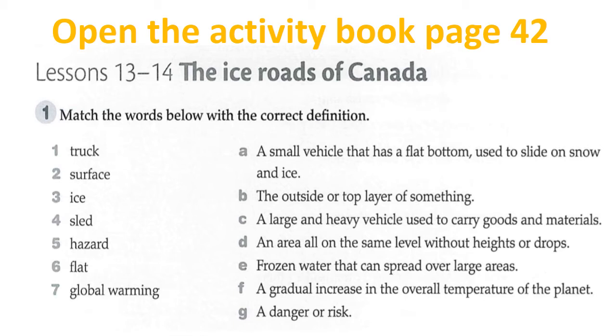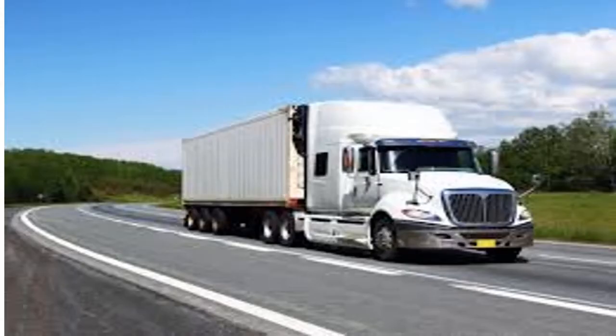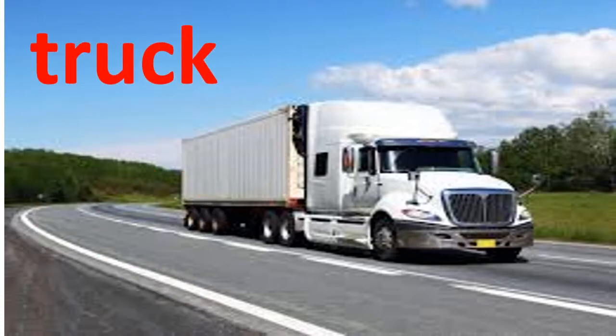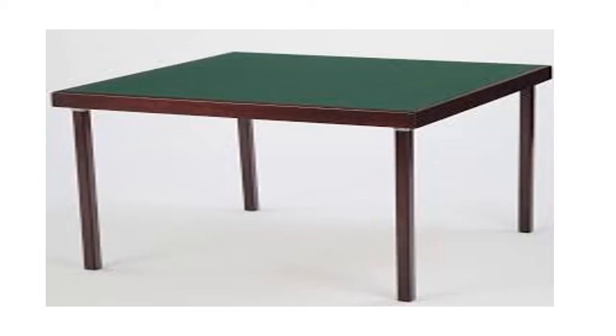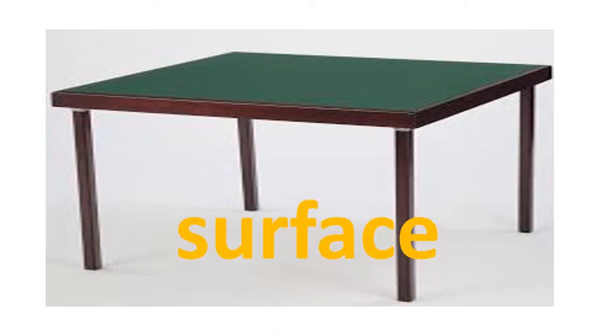Let me help you by showing you pictures of these words. Yes, it's a truck. So look at this one now and try to match truck with its definition. What does it mean, truck? Surface, yes.